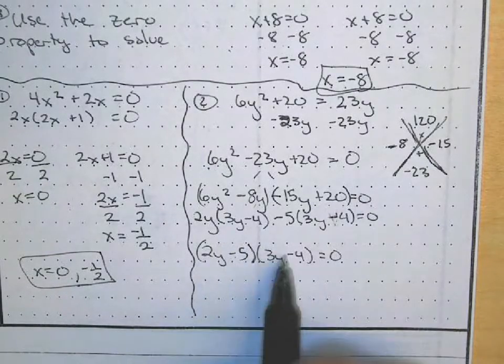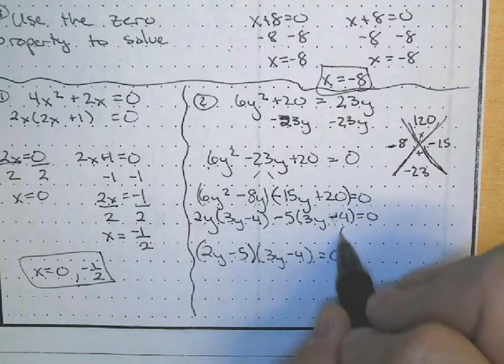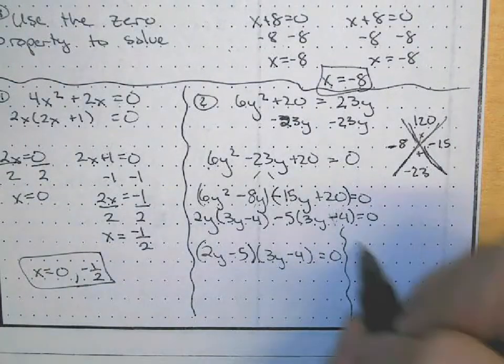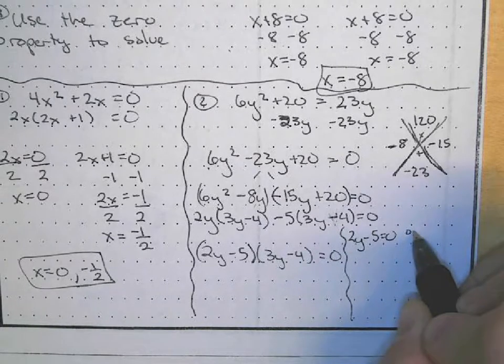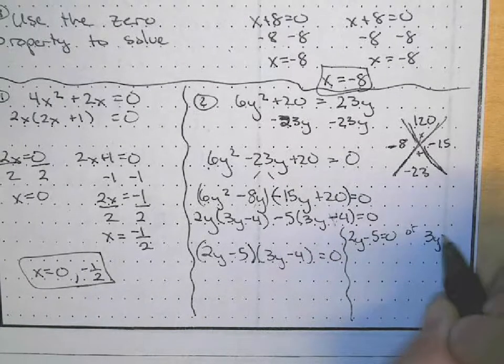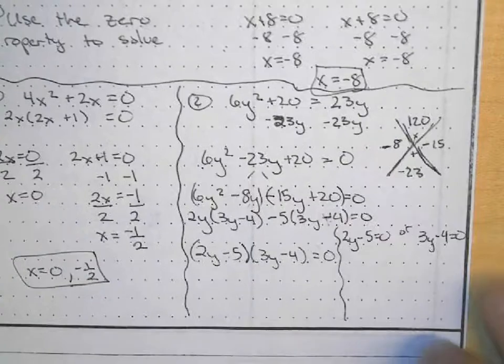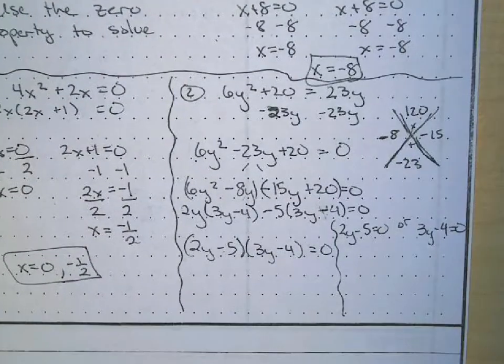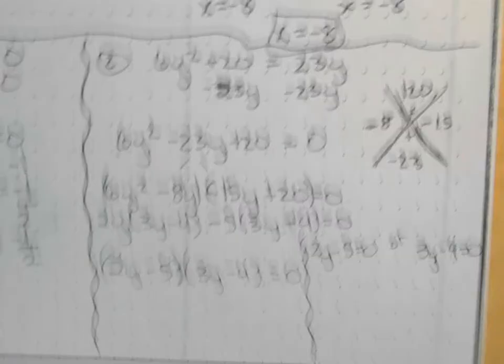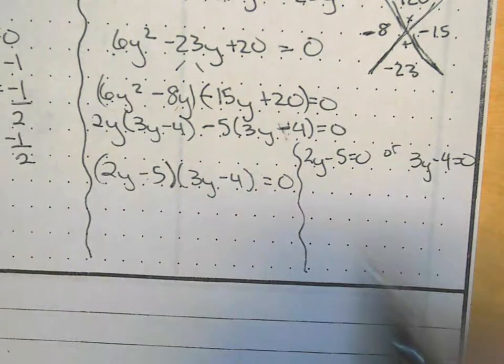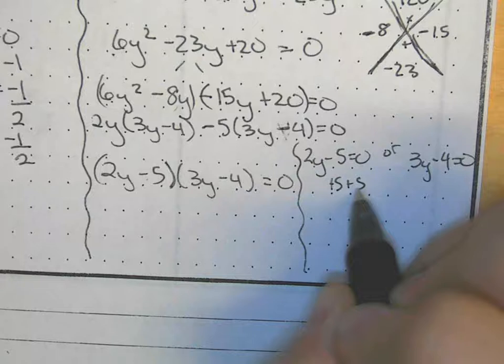Now we can set each piece equal to 0. I have to go over here to do that, so I have enough room. So I have 2y minus 5 equals 0, or 3y minus 4 equals 0. So we'll add 5 to both sides.